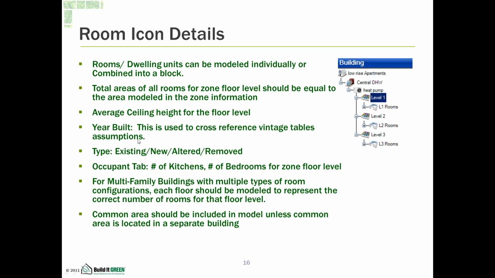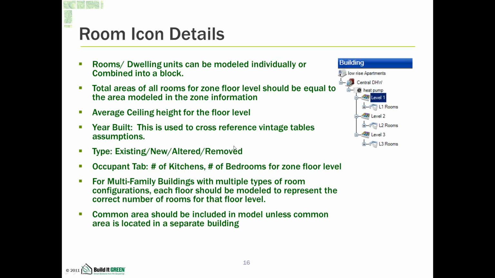You're going to be asked in Energy Pro what type of assemblies or the type of room. It's either going to be existing, new, altered, or removed. Existing is if you're dealing with an existing building, and you're only going to be doing some one-for-one retrofits. New is new construction, if you're building a brand new building or a brand new assembly or an addition that's put in.